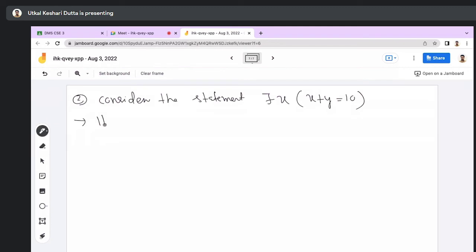Someone says both are bound. Why would both be bound? Okay, we'll see. Here the variable x is bound by the existential quantifier.